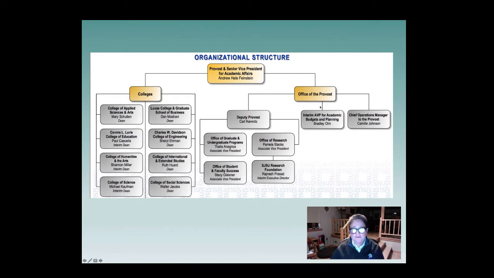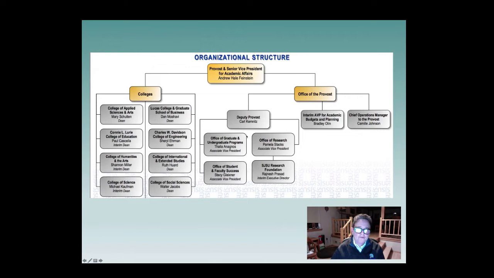You can also see that there are things that occur in the office of the provost where there is a deputy provost, the person who does budgets and planning, and then the chief operations manager basically takes care of everything that's going on inside the provost's office.